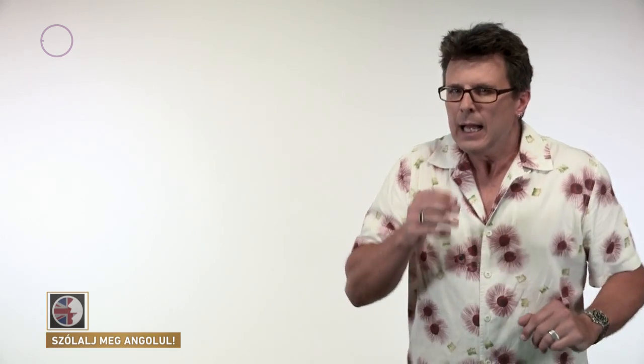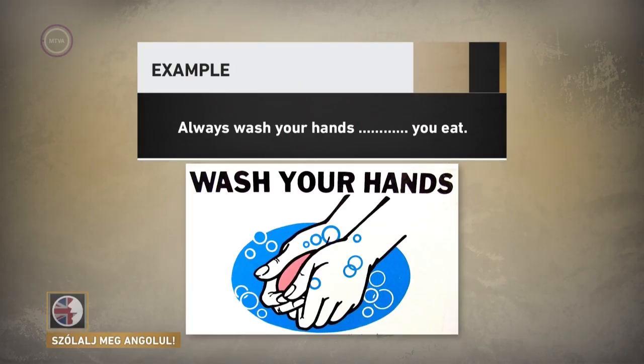Right. Let's do the first one together as an example, shall we? Number 1. Always wash your hands, you eat. Okay, so what do you think? It's a pretty easy one, isn't it? What's the correct answer? Yes, that's right. It's before. We're talking about something you should always do before you eat something. Every time you sat down at the table when you were little, your mum and dad asked you this question.